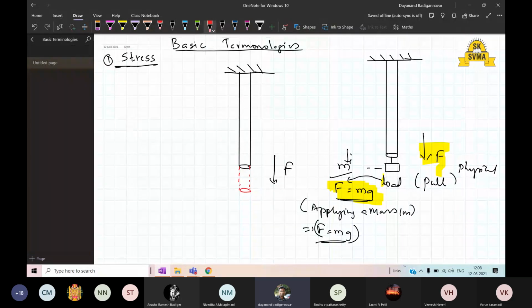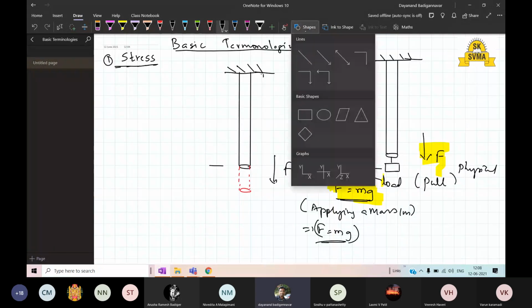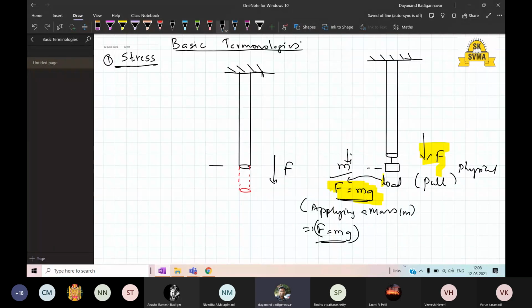Let us assume this is the length L of the wire.